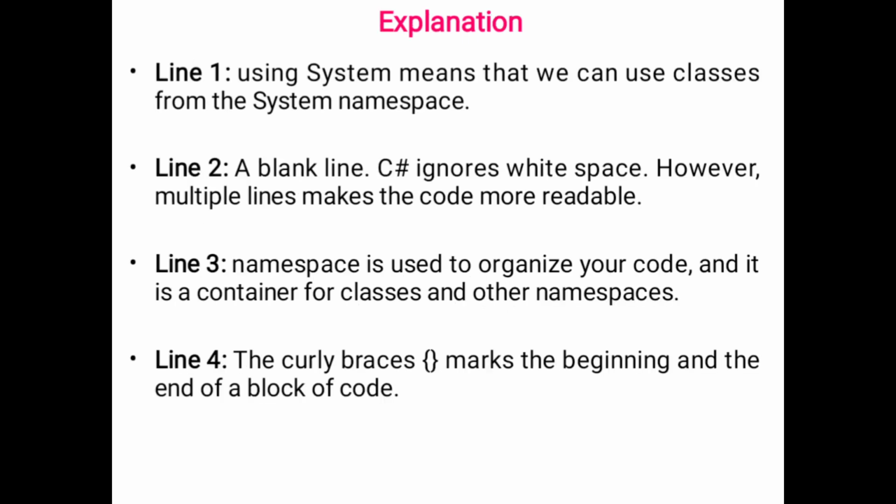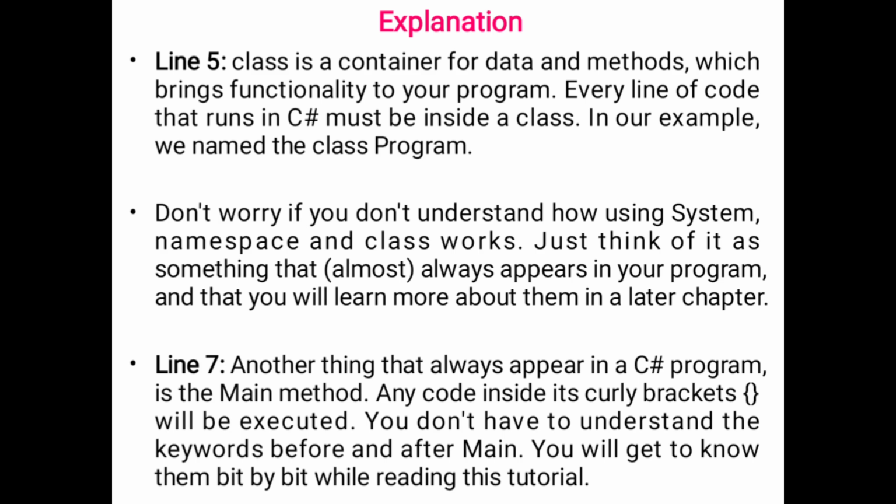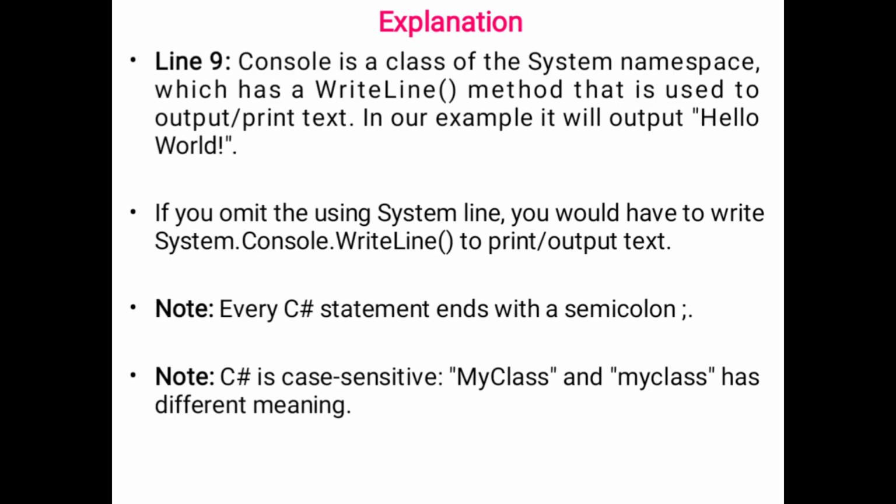Program is a class name. The seventh line: another thing that always appears in a C# program is the Main method. Any code inside its curly braces will be executed. You do not have to understand the keywords before and after Main. You will get to know them bit by bit while reading this tutorial.